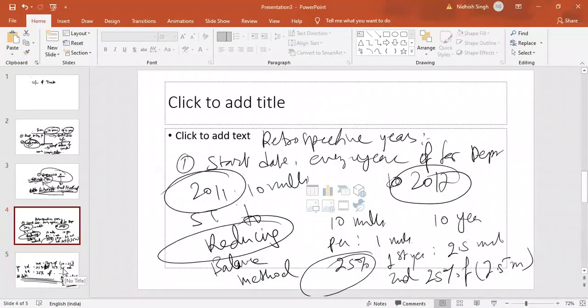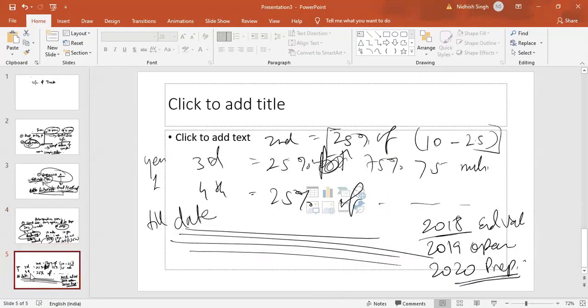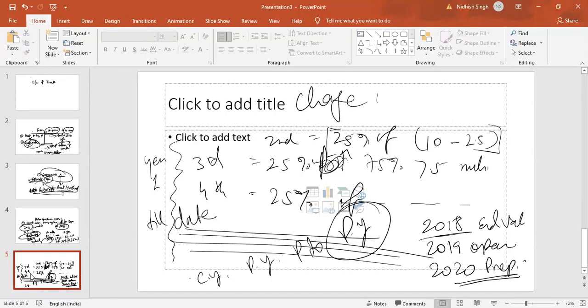So when you make the change in the accounting policy, of course you have to change the current year, the previous year, the previous to previous year you have to restate, and also do the calculation for all the years when you make changes in accounting policy.